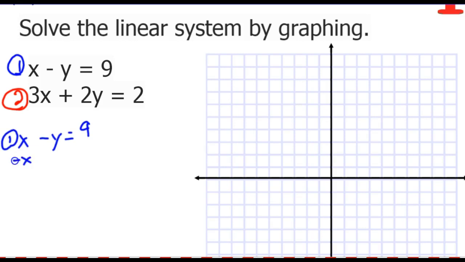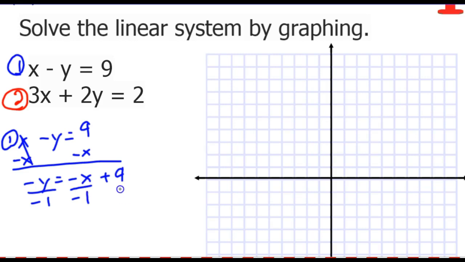So I'm going to subtract x from both sides. We get negative y equals negative x plus 9, divided by negative 1. And y equals x minus 9.